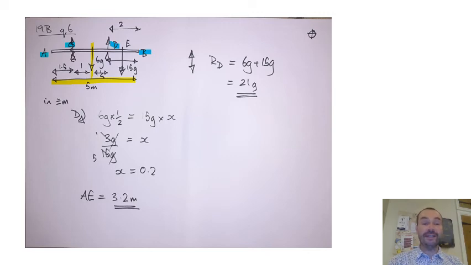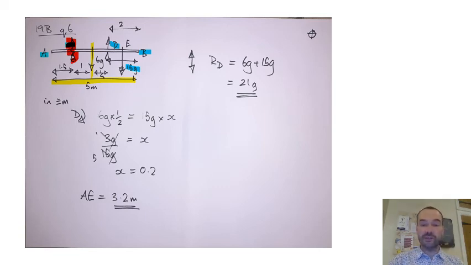But if you read to the end of the question, when the weight of 15g is added to the rod, it tilts about D. Tilts about D means we can get rid of the forces at C. We can ignore that.